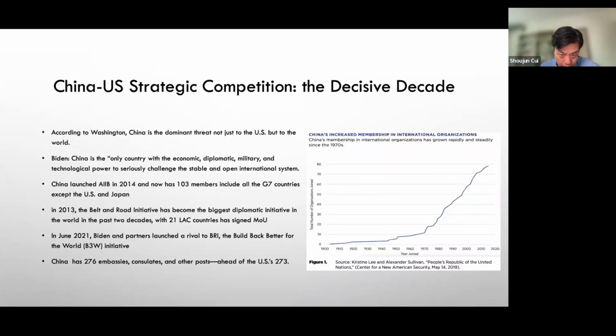That's only two countries from the G7 group that have not joined the AIIB. In 2013, the BRI became the biggest diplomatic initiative in the world in the past 2 decades. So right now, 21 Latin American countries have signed an MOU. The most recent one is Argentina.